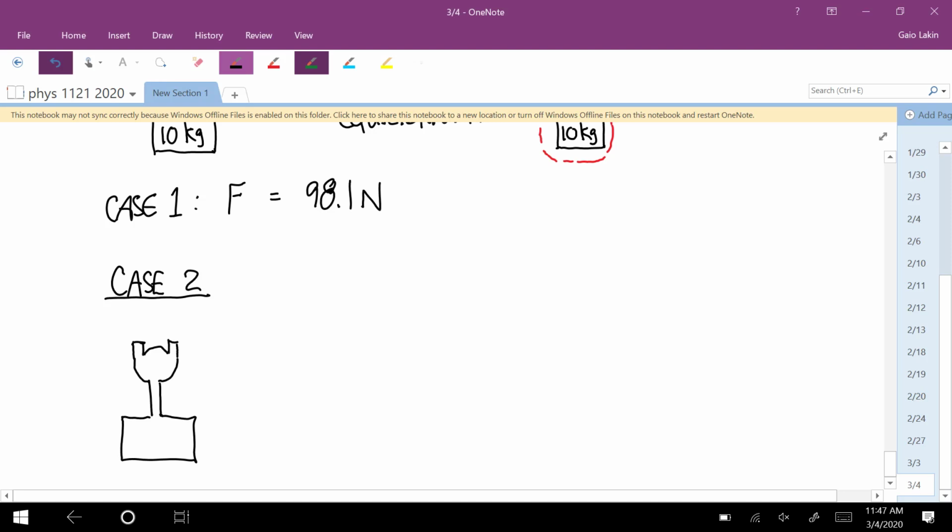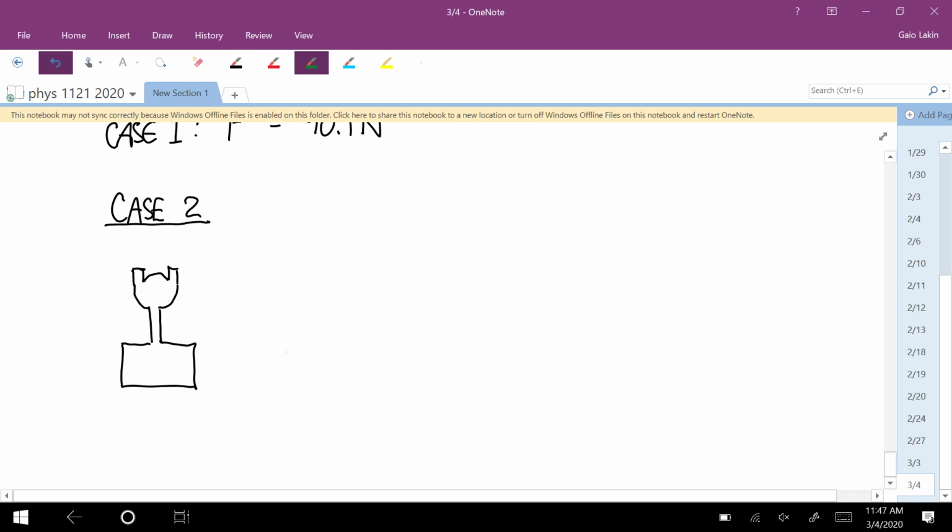The weight is 98.1. The cable that is part of the surroundings makes contact with our body here. So that's a cable force T. Same thing here. So that's a force T. And that's the end of that free body diagram.